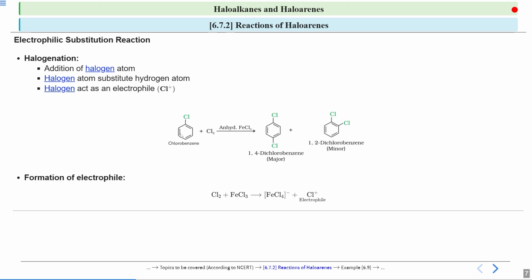It wants to stabilize by gaining electrons, by attacking as an electrophile on the benzene ring at the positions of higher electron density, which are ortho and para, and you will get your mixture of products, 1,4-dichlorobenzene and 1,2-dichlorobenzene. This is how halogenation happens, one of the types of electrophilic substitution reaction shown by haloarenes.